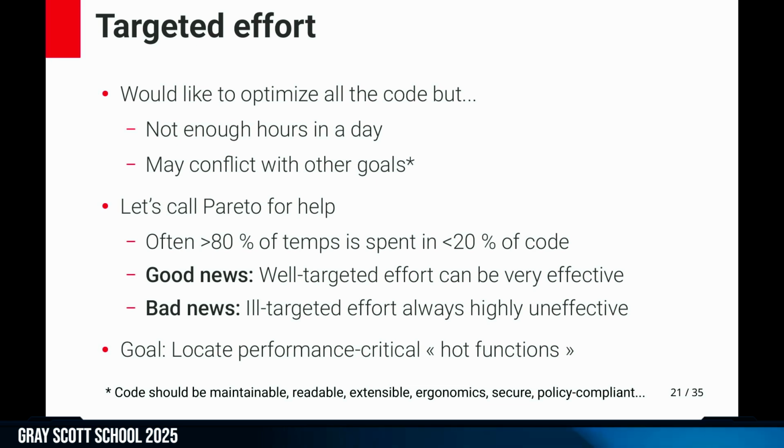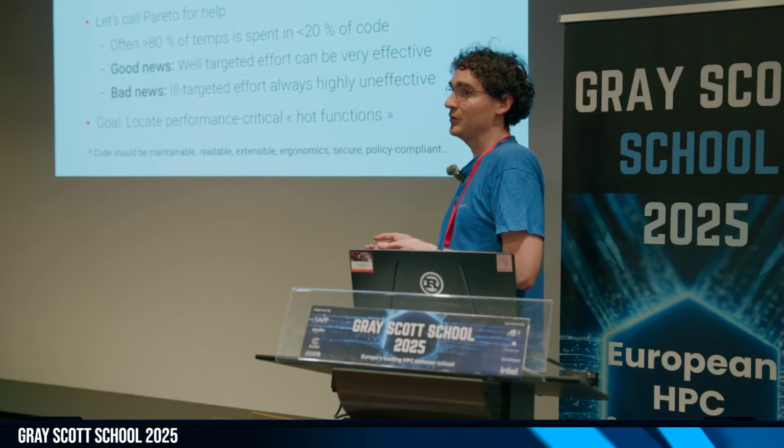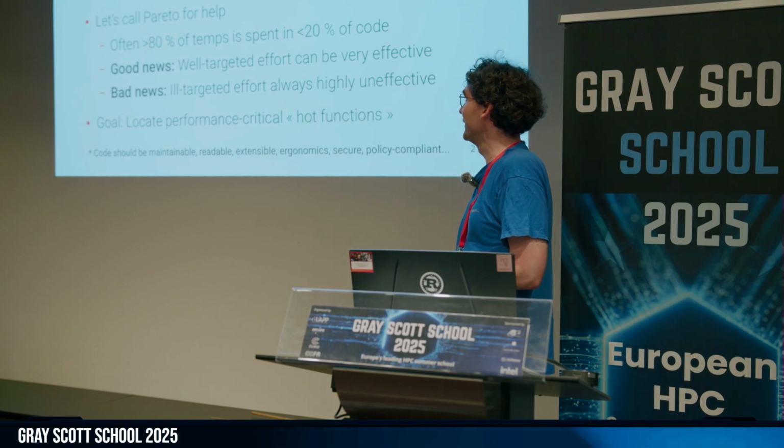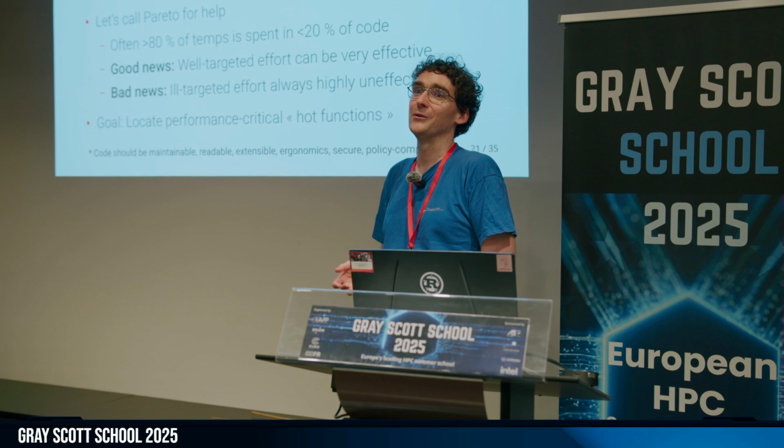What you can do is remember that in many things in life, there is an empirical rule called the 80-20 rule that applies. And in performance, one particular application of this rule of thumb is that you will often spend more than 80% of your time in less than 20% of your code.